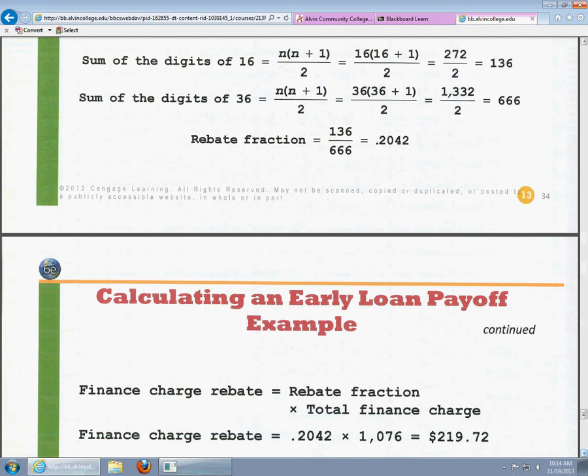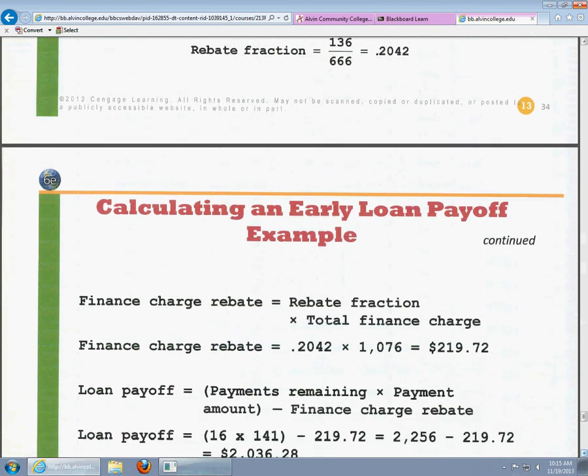And then to find the loan payoff, we take the payments remaining times the payment amount and minus the financial charge rebate. So we have 16 months remaining. We multiply that times the monthly payment, which is given in the problem, the 141.